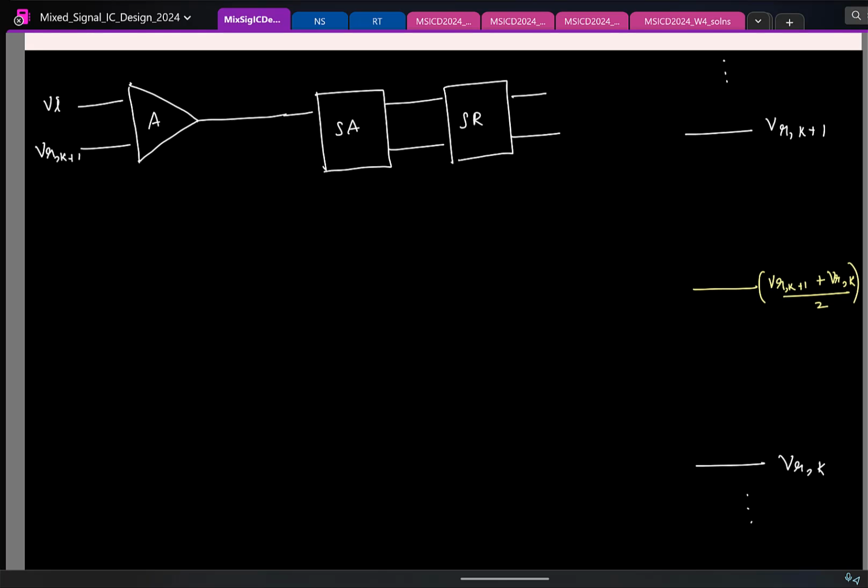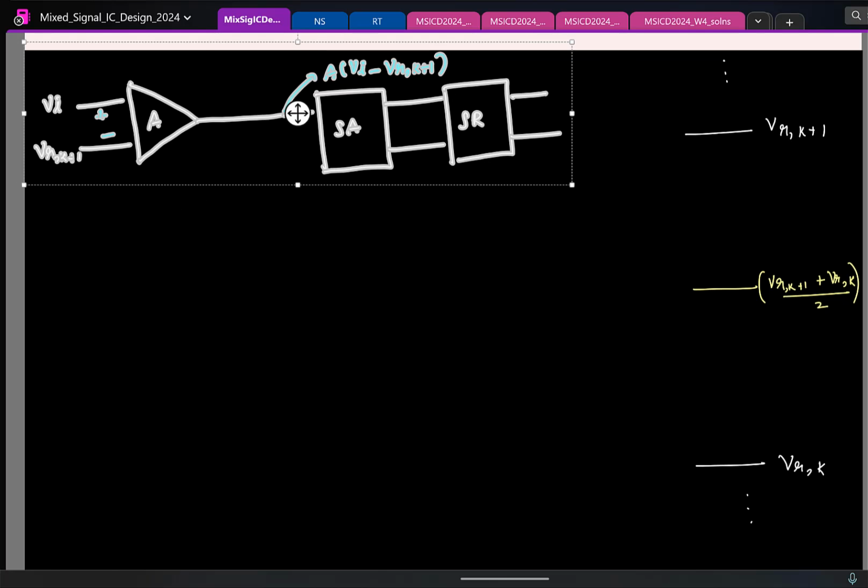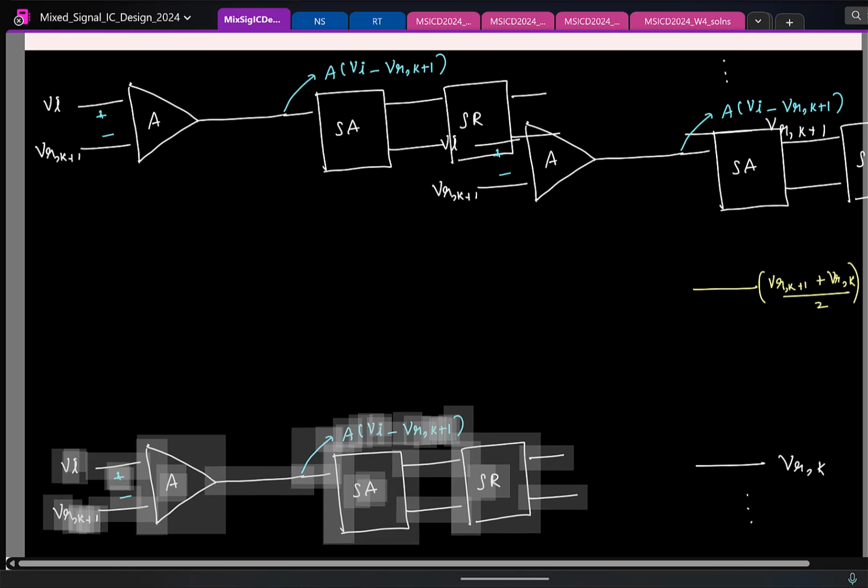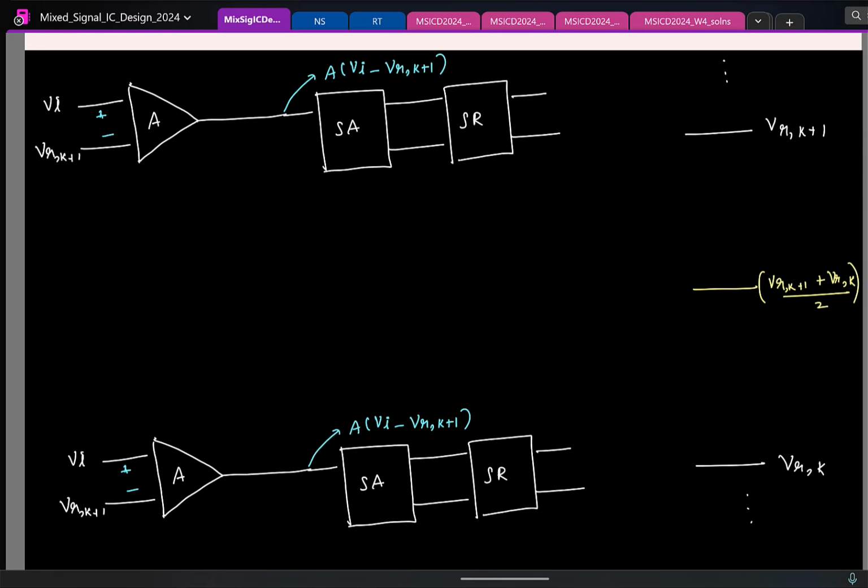So here, what is this voltage? The input is this, gain is this. What is the output? A times the difference. Fine. Similarly, I'll have an identical copy for the kth reference also.